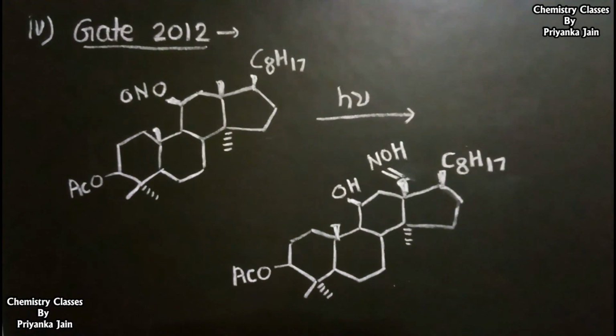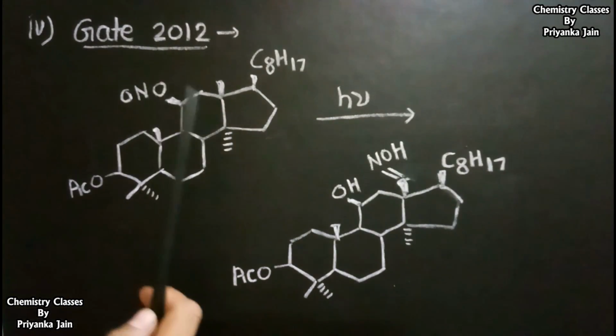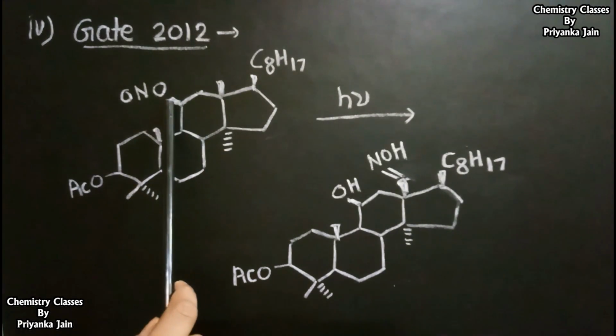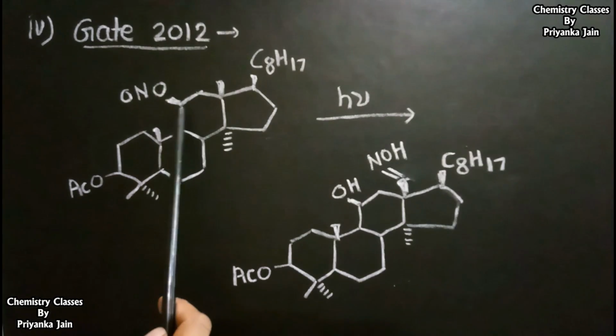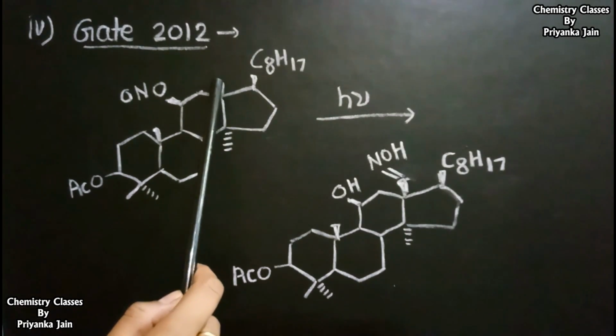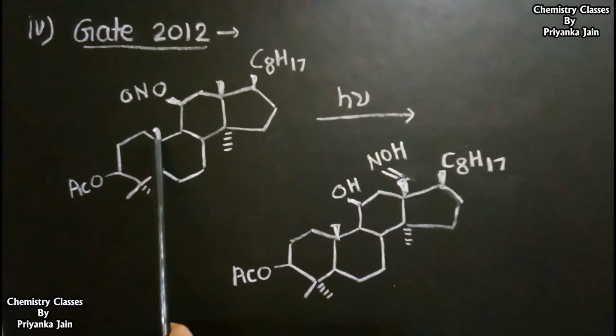Okay, the next example is from GATE 2012. An example is this and we have to see its photolytic product. So this is the ONO group, and identify its delta hydrogen: alpha, beta, gamma and delta. One delta hydrogen is present here, and another: alpha, beta, gamma and delta.